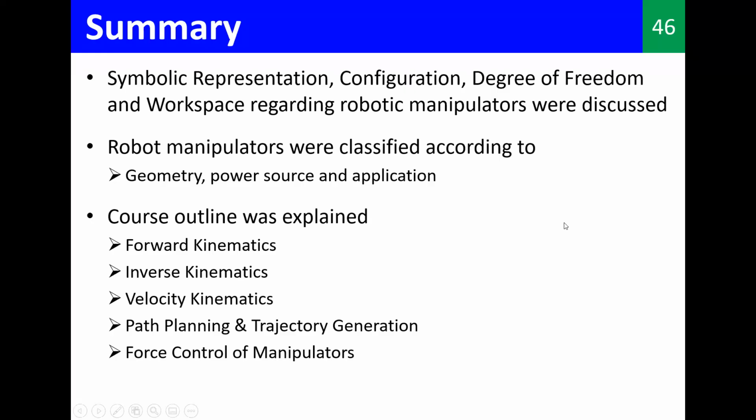Then we know some classifications of robots based on mainly the geometry. So there are RRP. So you saw what is a Stanford arm, SCARA robot. Now at least I hope you can identify certain robot manipulators, right? And then about power source and application. And finally, I went through what we will encounter in the coming lectures, right?